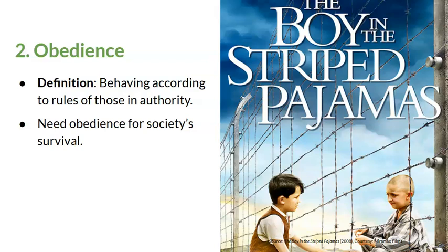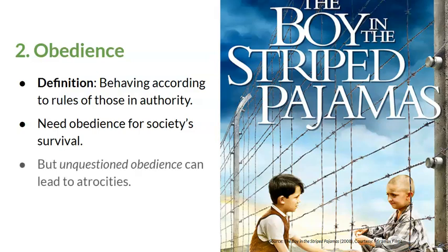Can you imagine if the film The Purge happened in real life? Whew, scary to even think about it. At the same time, however, unquestioned obedience can lead to atrocities, like the Holocaust during World War II. The film The Boy in the Striped Pajamas is set during World War II and tells the story of two young boys at a German concentration camp.